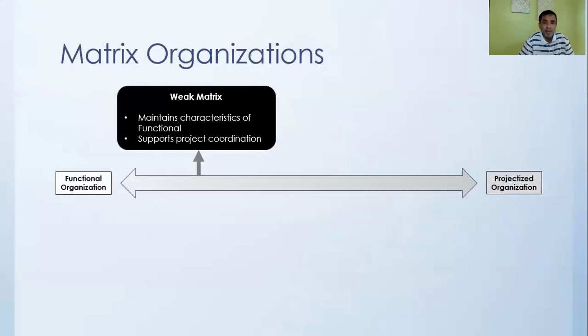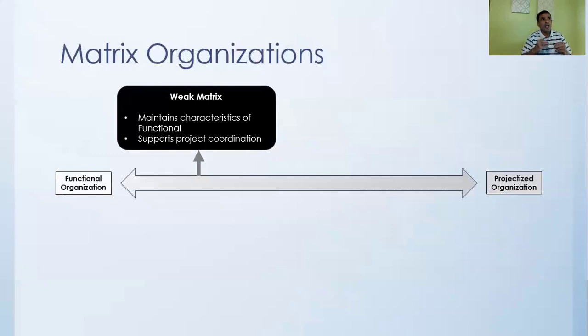One is called weak matrix, which is really very close to the functional organization. It is matrix, but still the whole authority is with the functional head or functional group head.